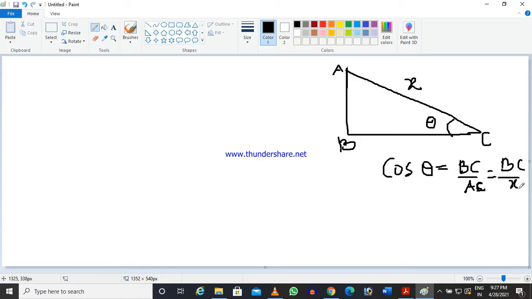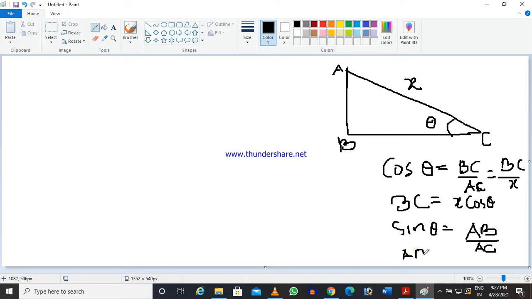AC is X, so your BC is equal to X cos theta. Similarly, sin theta is equal to AB by AC. So AC is X, so AB is equal to X sin theta.